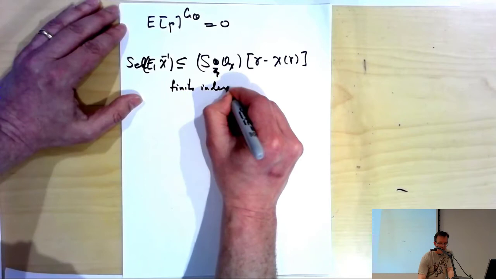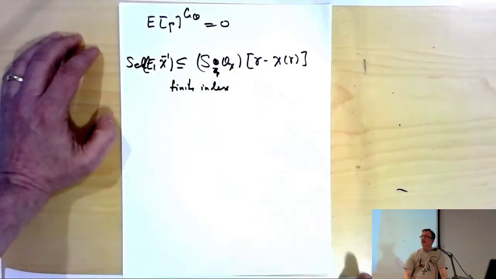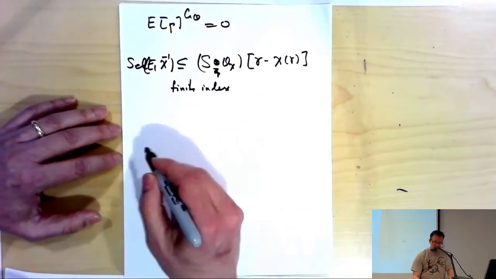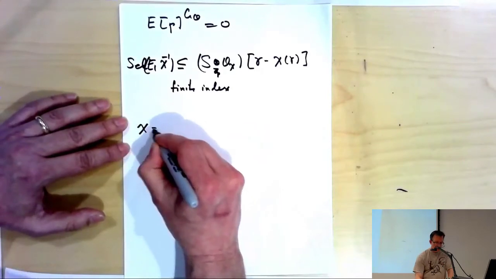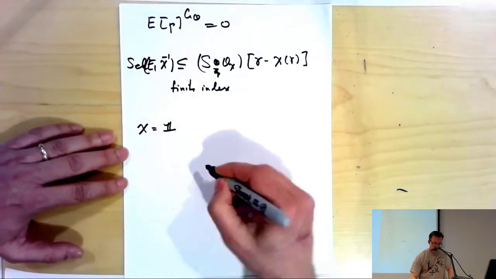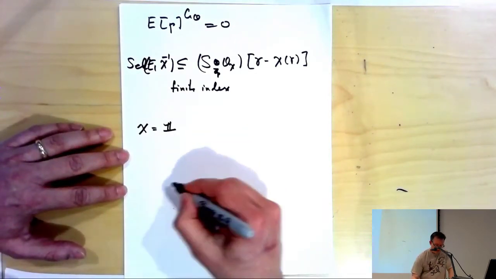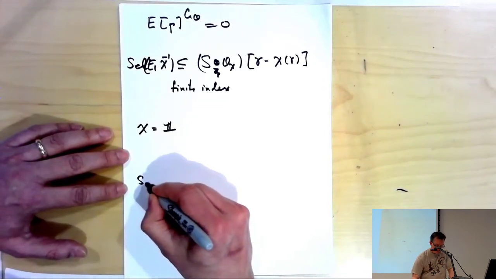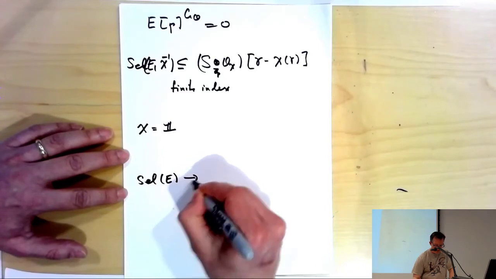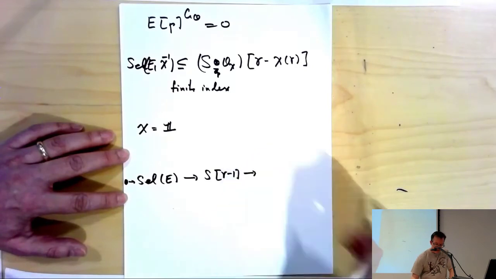This will be of finite index under the various hypotheses we've made, and we can even be more precise about what that index is. I'll only write this down in the case where chi is the trivial character. One has the Selmer group of E inside S gamma minus 1, and you have the cokernel.